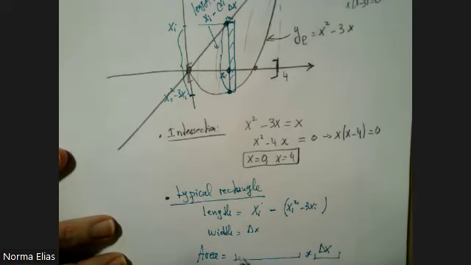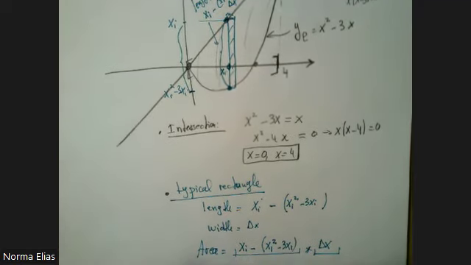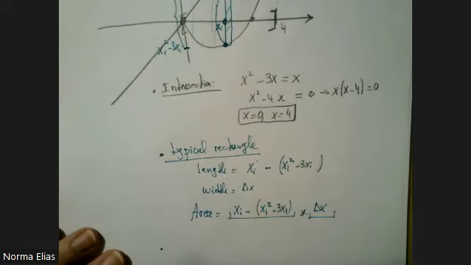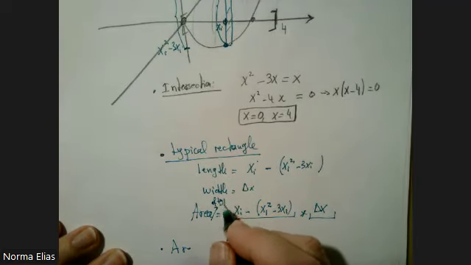The width is the delta x. The length is that. So that's my typical rectangle. That's what I'm covering the region with. Now finally, the Riemann sum that will approximate the area. So the area is, this is area of typical rectangle.